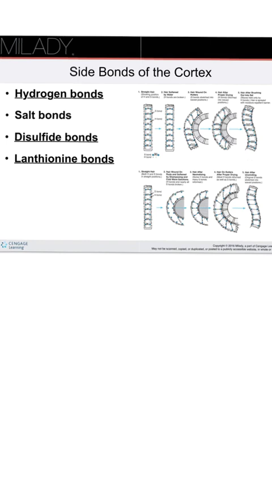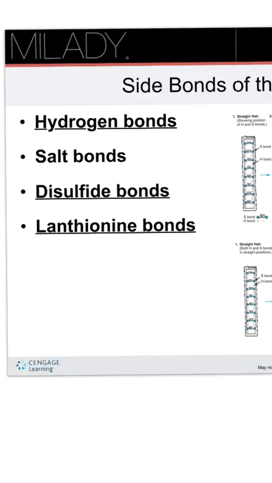Now we're going to take an extensive look at the side bonds of the cortex. Hydrogen bonds are a weak physical side bond. They are easily broken and reformed just by brushing the hair. Salt bonds are also a weak physical side bond.